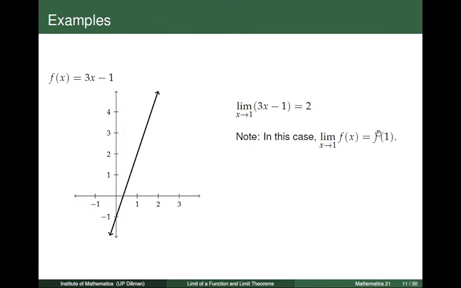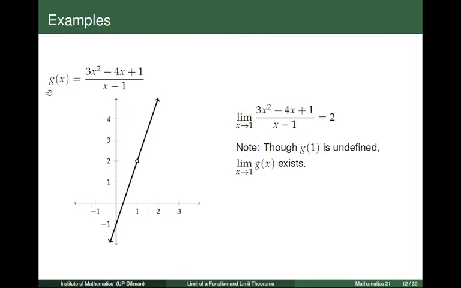Right. Now, I want you to remember this fact because we will contrast this with the second example. Okay. So g of x, remember, is the rational expression 3x squared minus 4x plus 1 divided by x minus 1. And from the graph, we know that as x tends closer and closer to 1, the value of the function g gets closer and closer to 2.